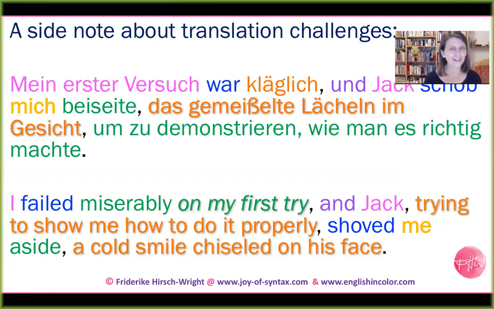I would actually not talk about a chiseled smile on his face. I would talk about a cold smile chiseled on his face. Maybe that's just me. I am not a writer of fiction, but I am an enthusiastic reader of fiction.